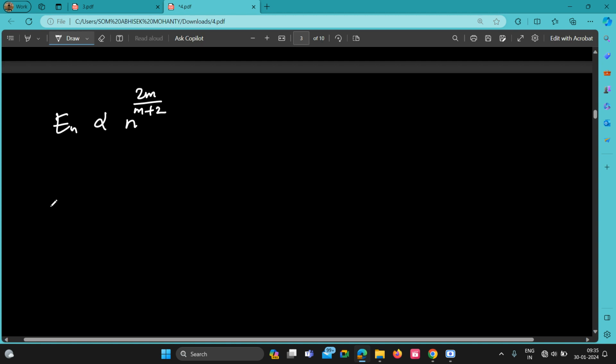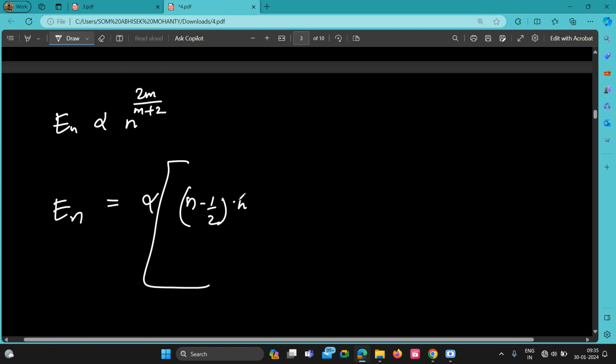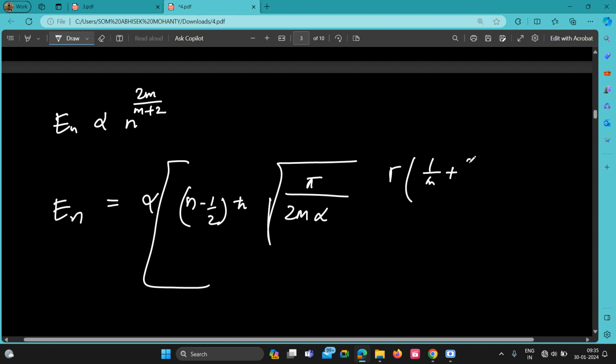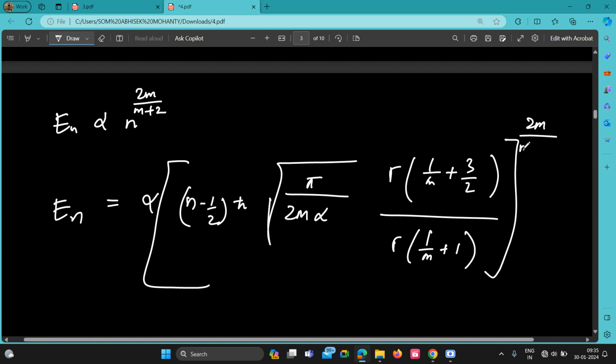So the whole formula is En is equal to alpha, n minus half, h cut root of pi by 2m alpha, gamma of 1 by m plus 3 by 2 over gamma of 1 by m plus 1, the whole thing to the power 2m by m plus 2. En is equal to alpha times n minus half h cut. It can be n plus half also, no problem.